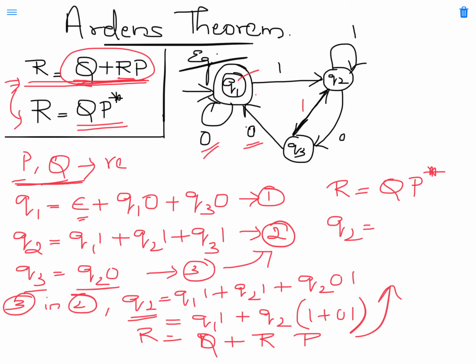So Q2 is equal to Q, which here is Q1 1, and P star is 1 plus 0 1 star. So this will be one equation, I name it as 4.